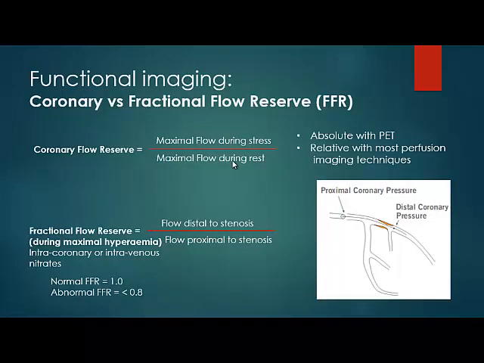While the stress imaging techniques are all relative perfusion techniques, in patients with 3-vessel disease you can have an absolutely normal looking myocardium if there is equal reduction in the blood flow in all the 3 coronary arteries. Okay? So then what do you do in those cases? The best way is to quantify the actual blood flow in the myocardium at rest and stress.